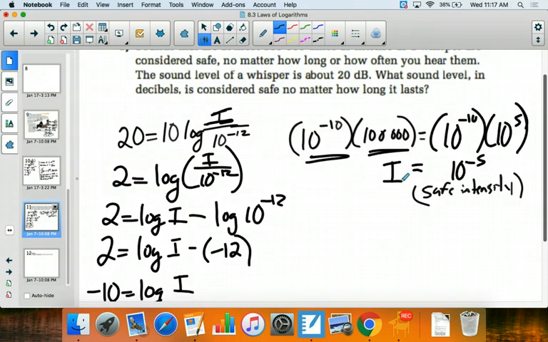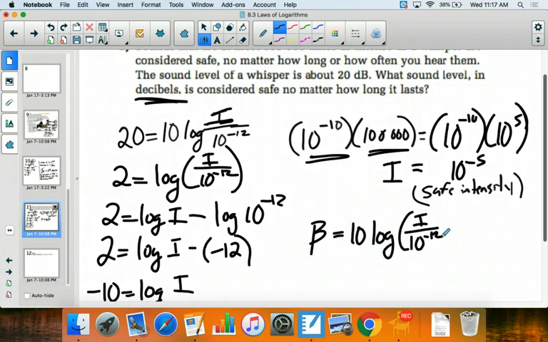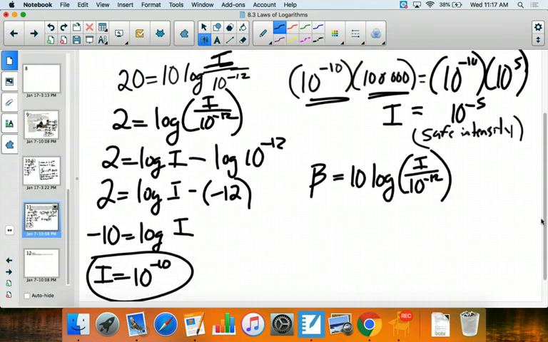And it's asking specifically what decibel level is considered safe. So we go back to the formula we were given, in which your decibel level is equal to 10 times log of I over 10 to the negative 12. And this time we actually have a value for I that we substitute in. What do you measure I with? I is measured in watts per meter squared.